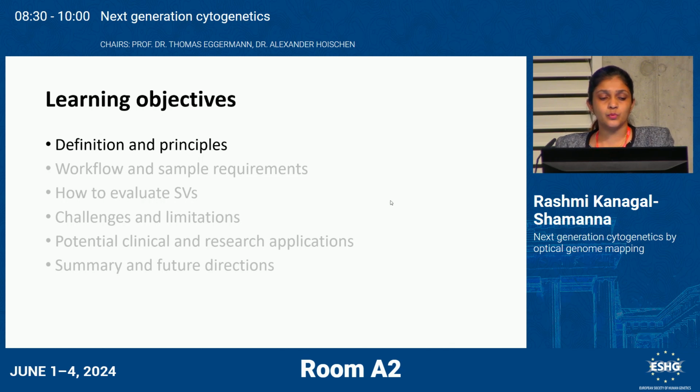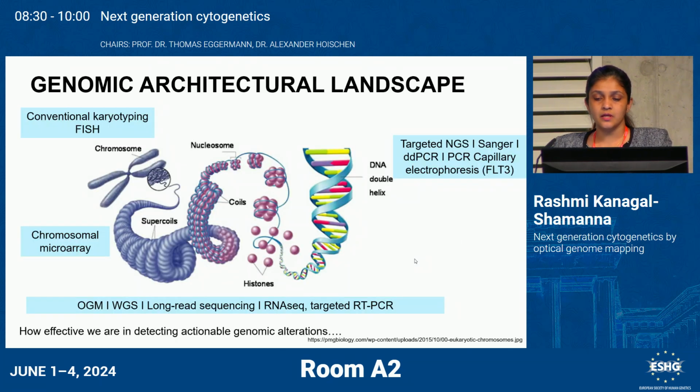So first, let's begin with the definition and principles. I guess to this audience, this slide is not anything new, so I'm not going to dwell on this. But it is fascinating to live in this era where there are all these advances in the techniques to identify structure variants. Now, these have been largely overlooked for clinical profiling.